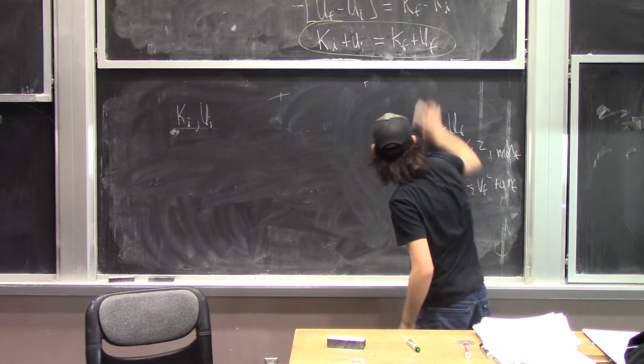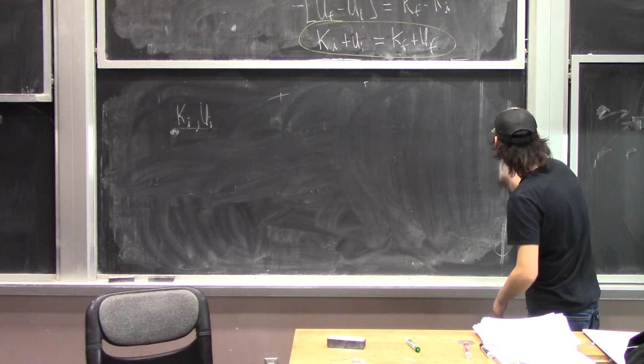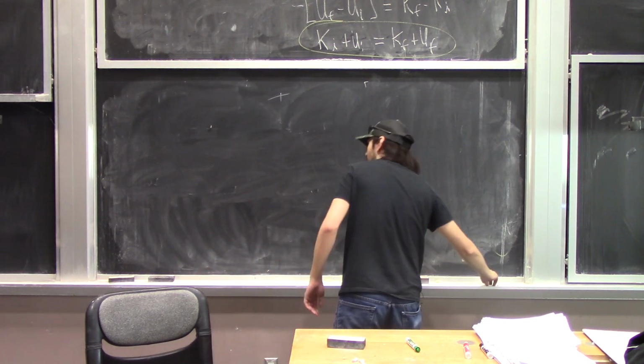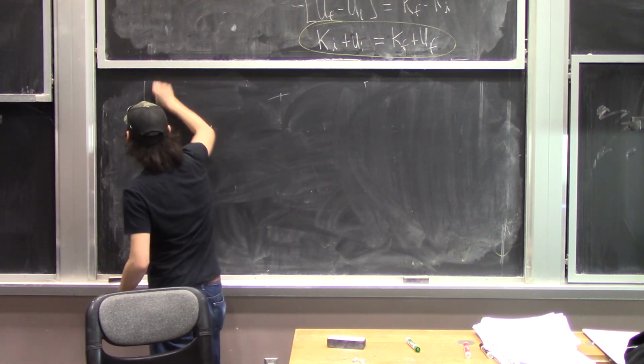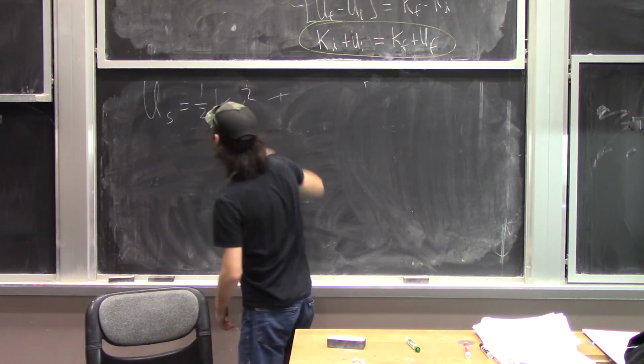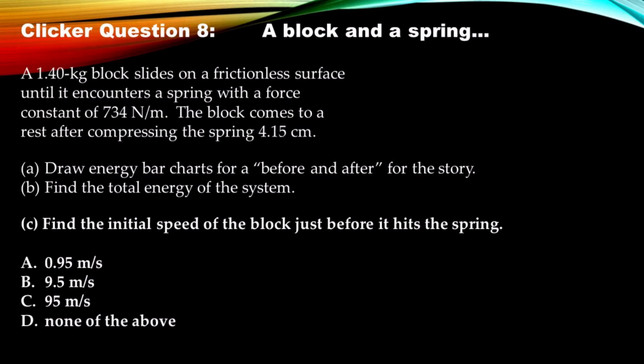Another common type of potential energy we'll see this semester is the spring potential energy. And that's to say that the spring potential energy, US, is going to be equal to 1/2 kx squared, where k is the spring constant and x is the distance of displacement of the spring.